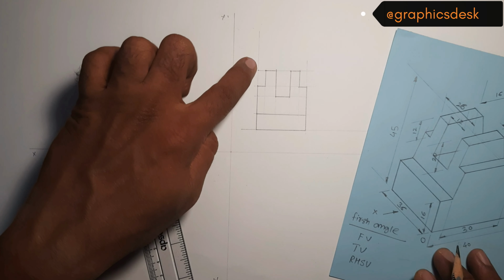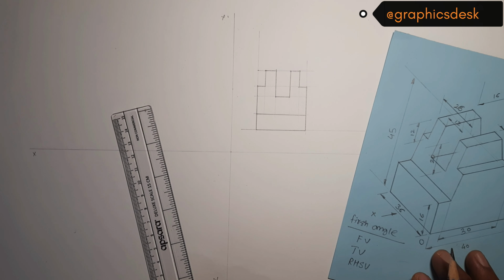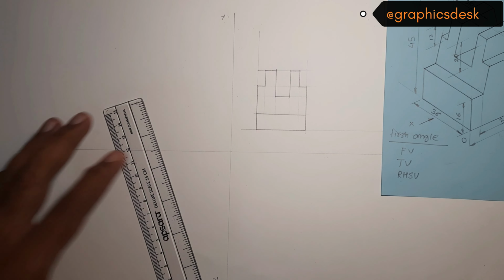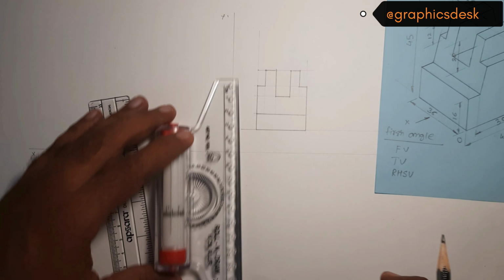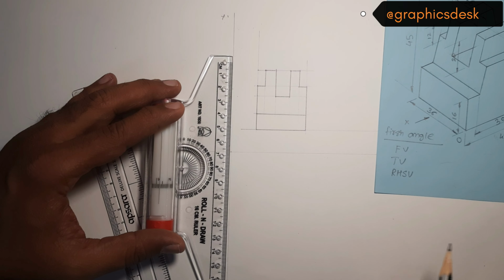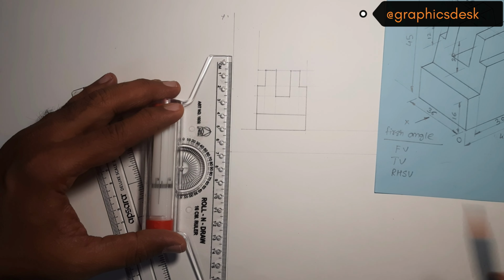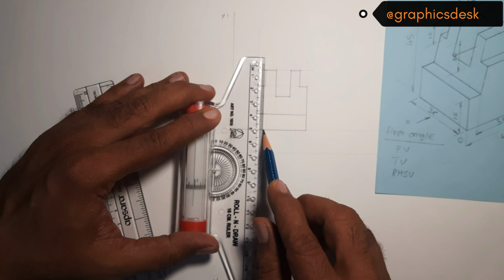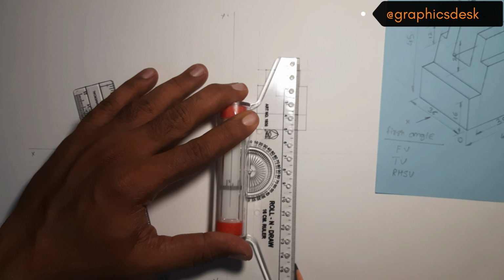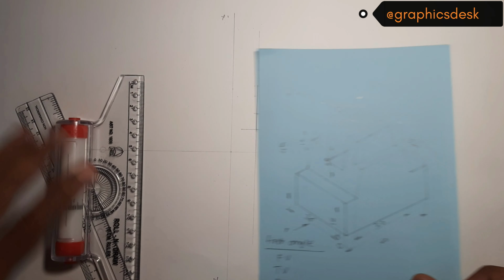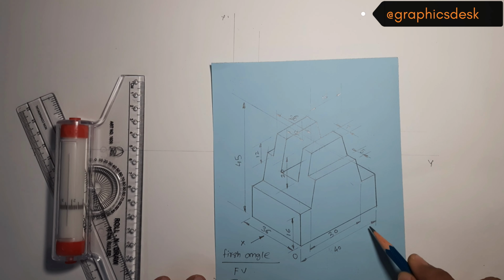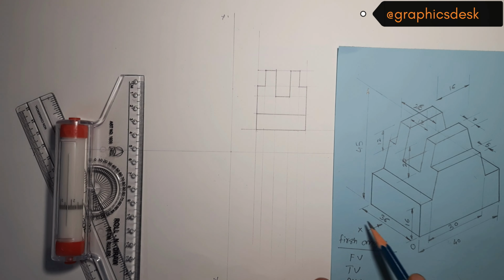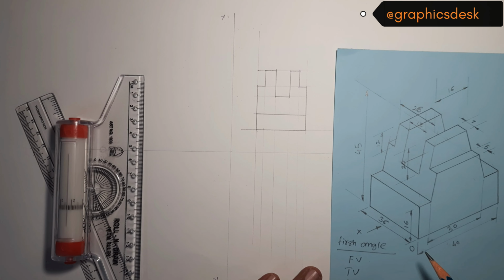Now let's draw the vertical projections, and let's see how our top view would look. So I'm carrying the vertical projections to draw the top view over here. Now in the top view, it is 40 mm in length and 36 mm, which is coming from the projection anyway.